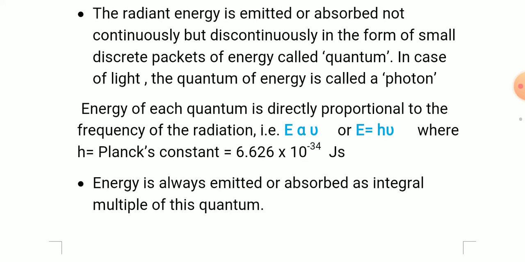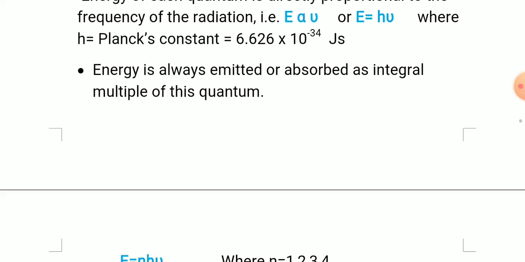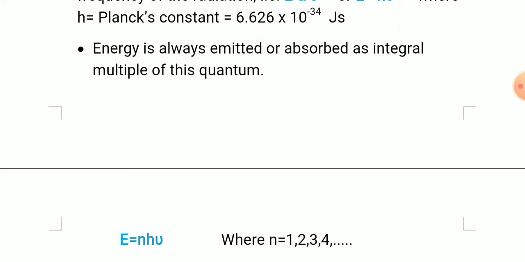So you can also write E equal to n h nu, where n is 1, 2, 3, 4, 5, 6. In case of light it is called a photon.